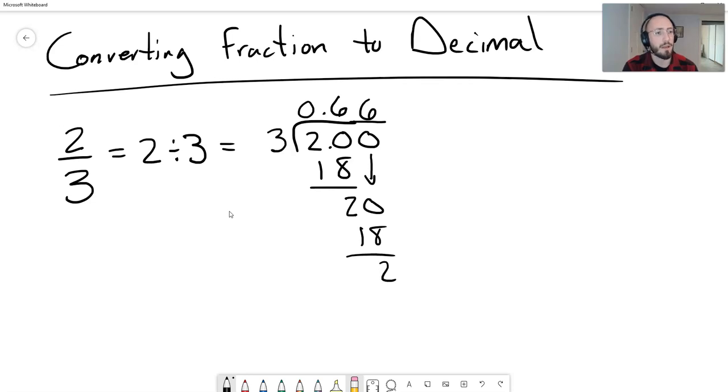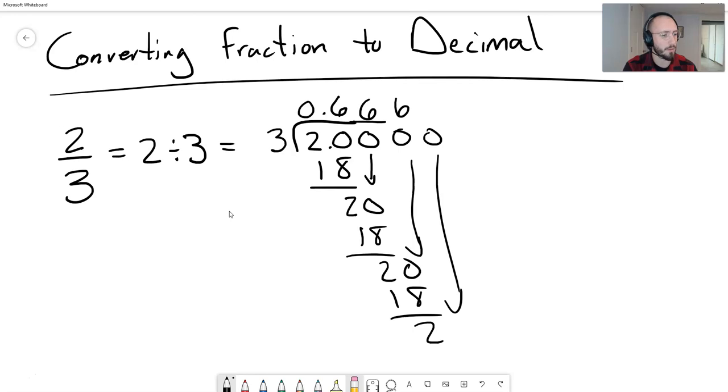We subtract, and this is going to continue on forever, right? We are never going to get anything different here. So this is what we call a repeating decimal. The 6 is going to go on forever.